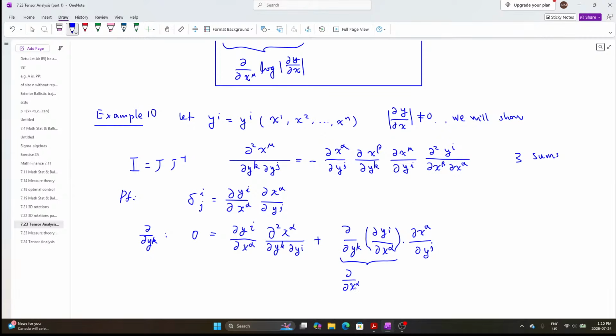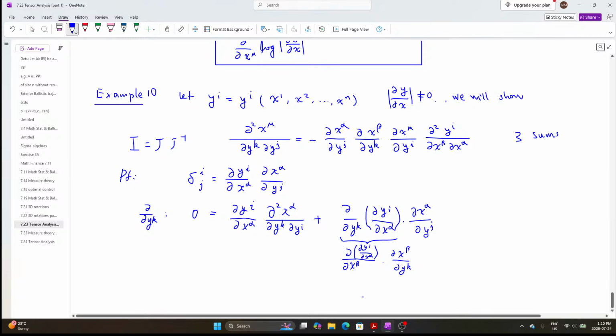Actually, that's not a good idea, it should be x beta, because alpha is already used. So d over dx beta of dyi over dx alpha, and then times dx beta over dyk. That's just the chain rule. You treat it as a single quantity, and then you apply the chain rule here.